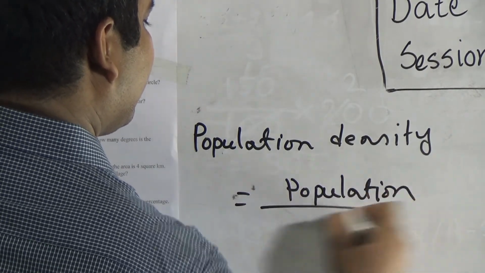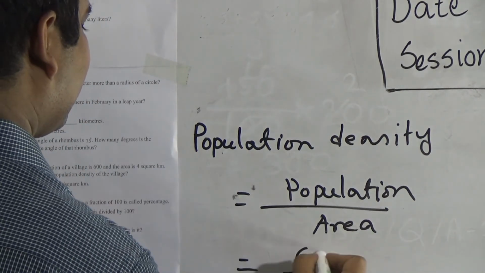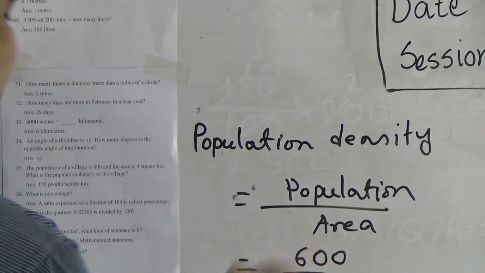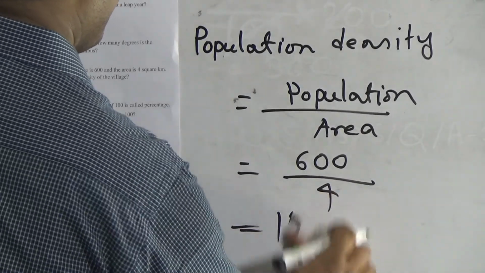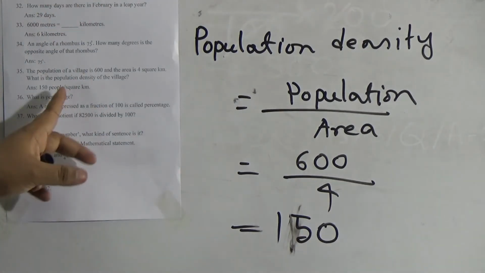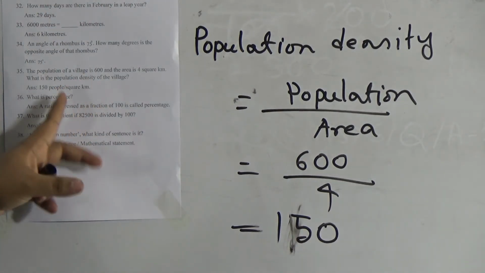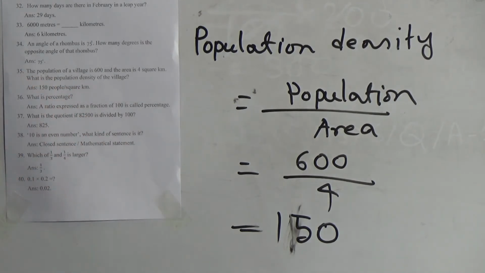Here population is 600, area is 4. Now we divide and we get the answer. 4 on the 4, 4 to 5 are 20 and 0 on the 0. So 150 people per square kilometer. You must write this, people per square kilometer. If you don't write this, then some marks is deducted from your answer script.